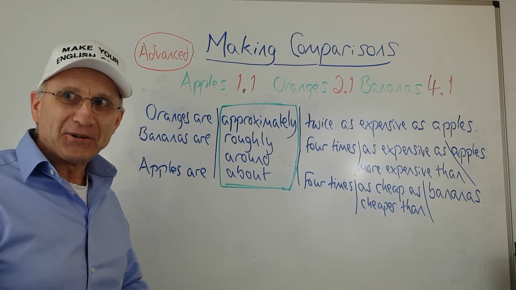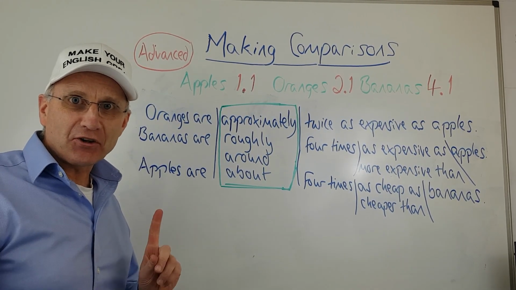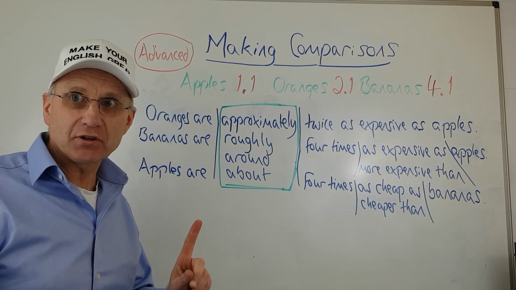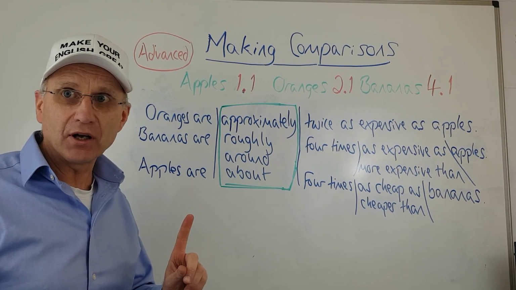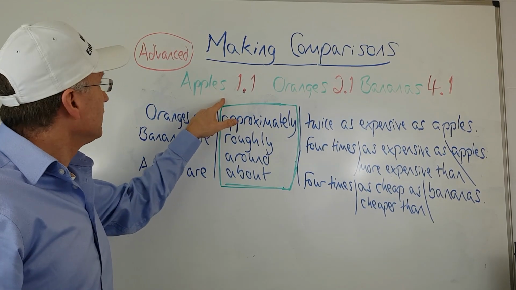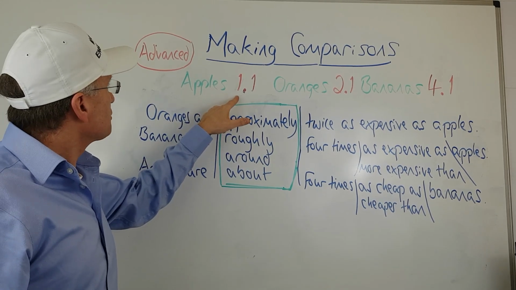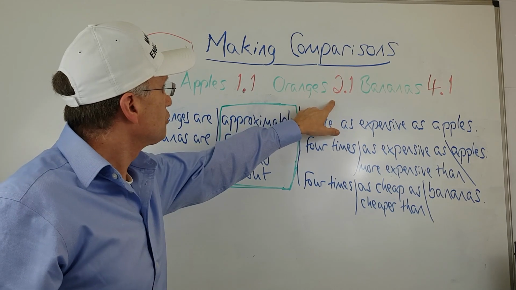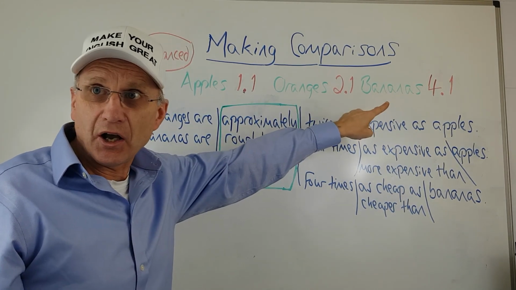One last thing. With advanced comparisons, you can be more precise quite often. And let's say the values are 1.1, 2.1 and 4.1.